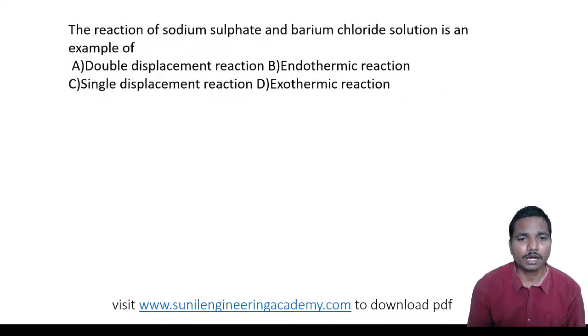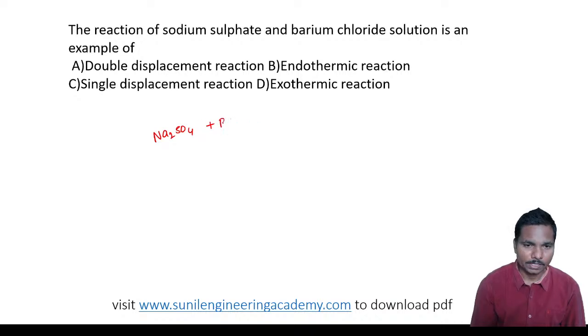The reaction of sodium sulfate and barium chloride solution is an example of dash. Sodium sulfate Na2SO4 with barium chloride BaCl2. Whenever sodium sulfate reacts with barium chloride, you get Ba2+ and SO4 2-, forming BaSO4, barium sulfate.